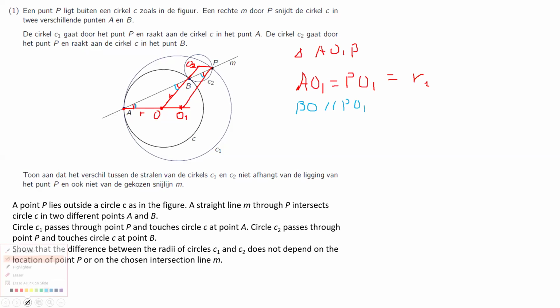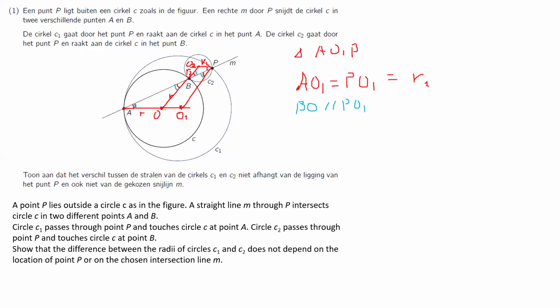Okay, so we do the same. If we do the same, we can find that this angle equals this angle because in the triangle O2PB, they are the two radii. So it's R2, and this one is also R2. So the triangle O2PB is also an isosceles triangle, right? And we can also mark in blue this angle equals this angle and equals the OAB as well.